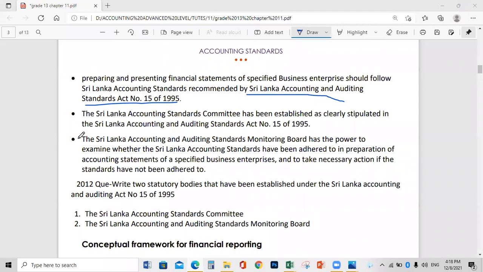Okay, so the Sri Lanka Accounting Standards Committee has been established as clearly stipulated in the Sri Lanka Accounting and Auditing Standards Act number 15 of 1995. So guys, this act, which is the legal background of the accounting standards, clearly says that you should have an accounting standards committee. The standards committee is the one who develops standards.